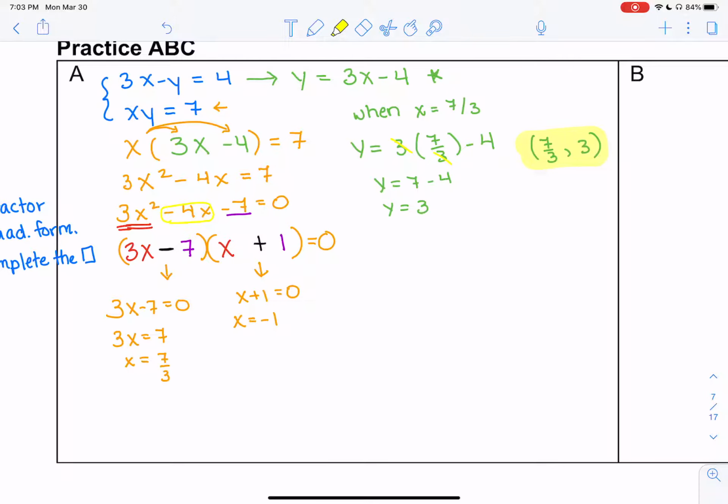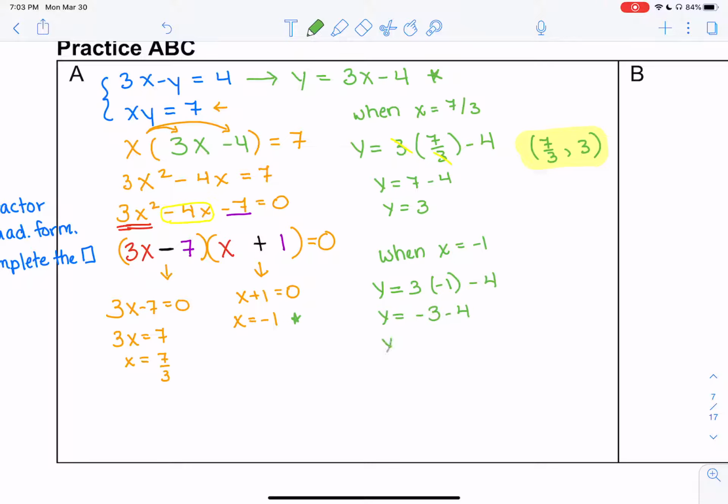We are halfway there because we now have to go back and plug in our other x value, which was -1. So when x equals -1, this is what I get. Y equals 3, plug in -1, minus 4. 3 times -1 is -3.